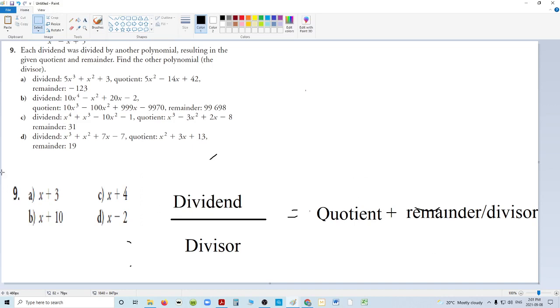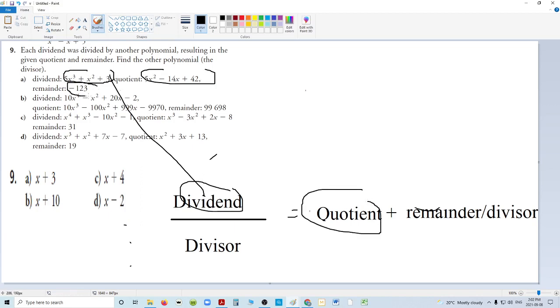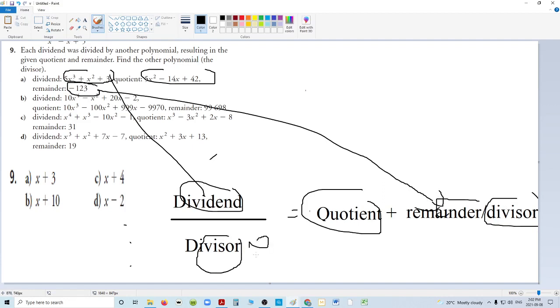So let's look at this question. I'm just going to put all the answers in one spot. They give us the dividend, they give us the quotient, and they give us the remainder, and we're just left with this mysterious divisor in both situations. We don't know what this divisor is.